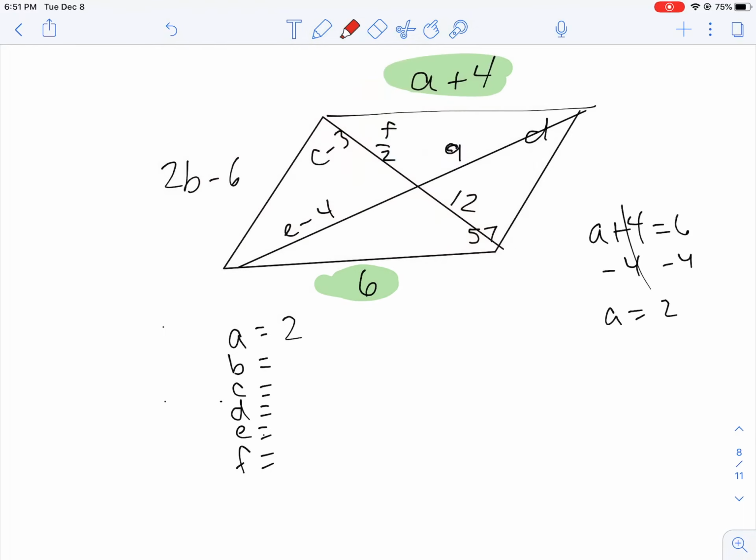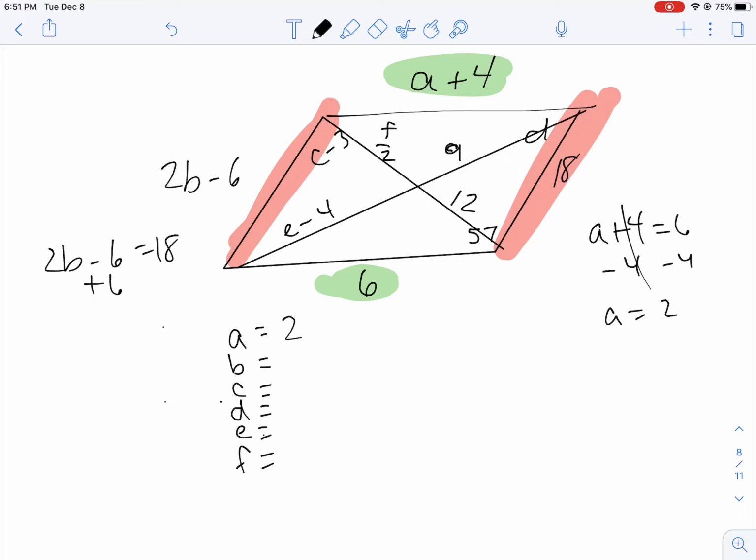Now let's do B. These are opposite sides, so they have to be equal. Looks like I might have erased something, sorry. So this should be 2B minus 6 equals 18. Add 6, 2B is 24. Divide by 2, and B is 12.